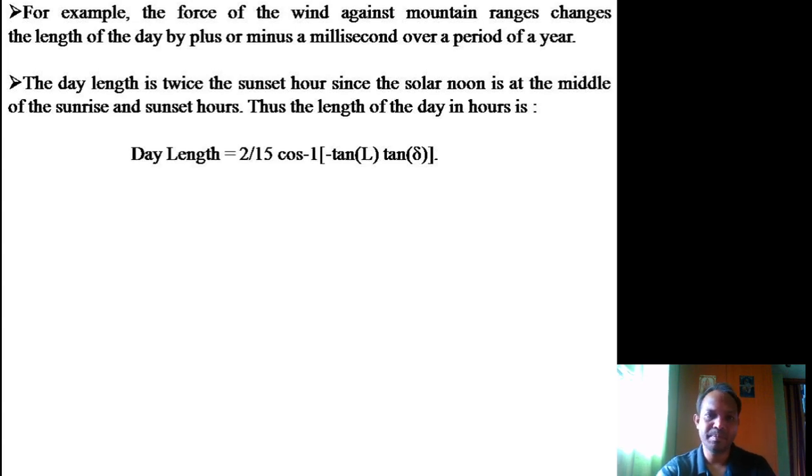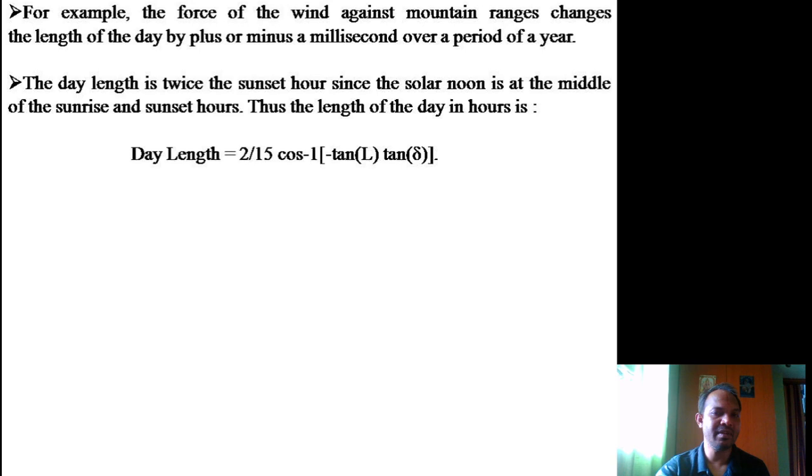The day length is twice the sunset hour angle, since the solar noon is in the middle of the sunrise and sunset hours. Thus, the length of the day in hours is given by day length equals 2 divided by 15 times cos inverse of minus tan L into tan of delta.